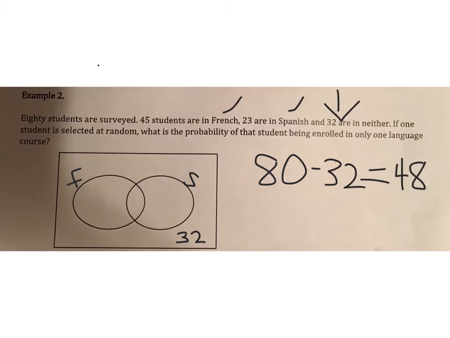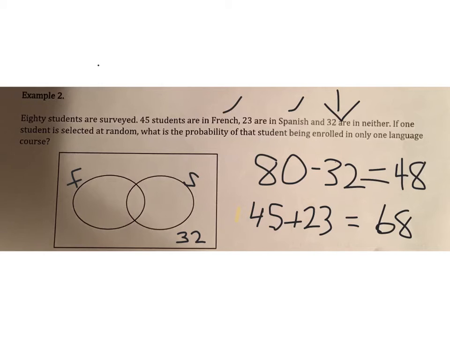So with that, we need to figure out, is there anyone in the overlap? So 45 are in French class. 23 are in Spanish class. Together that adds up to 68. So that's not good because we don't have 68 students, right? We have overlap there.